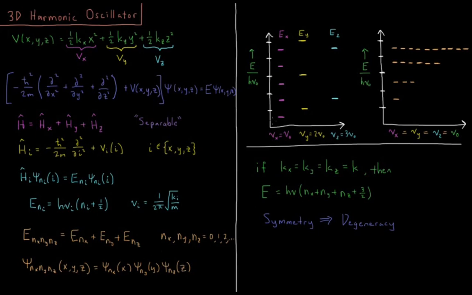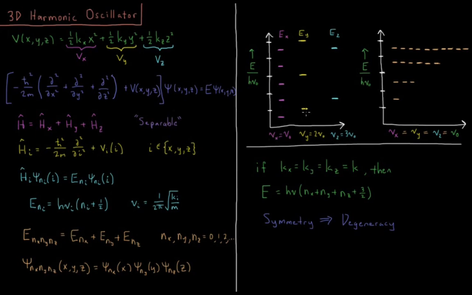All right, so we have some graphs over here. Let's assume that nu x equals nu naught, nu y equals twice that, and nu z equals 3 times that. So in units of E over h nu naught, the energy levels are going to be 1/2, 3/2, 5/2, 7/2, 9/2 for the Ex.